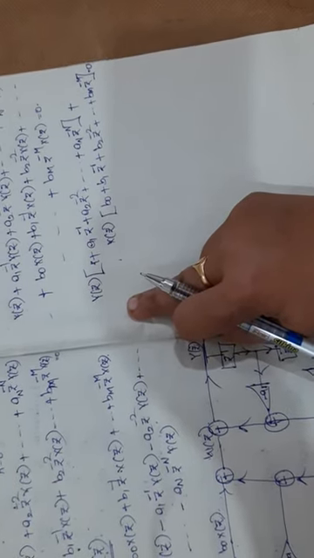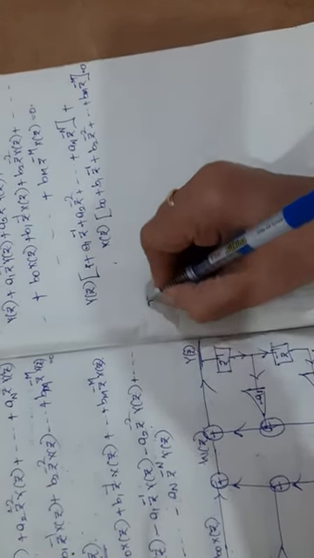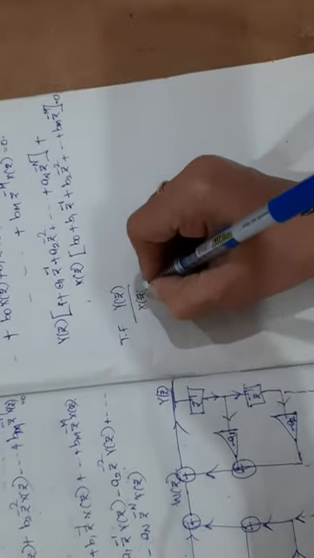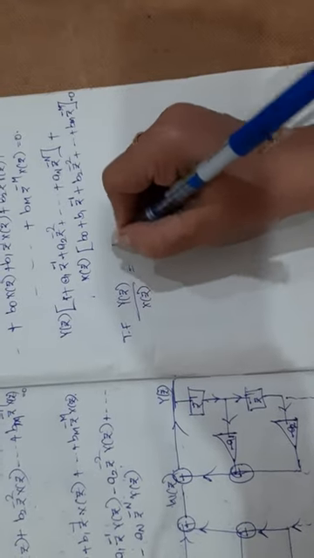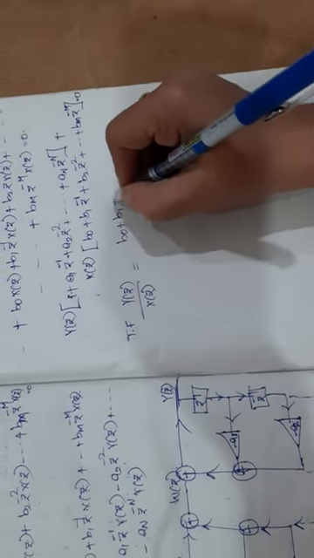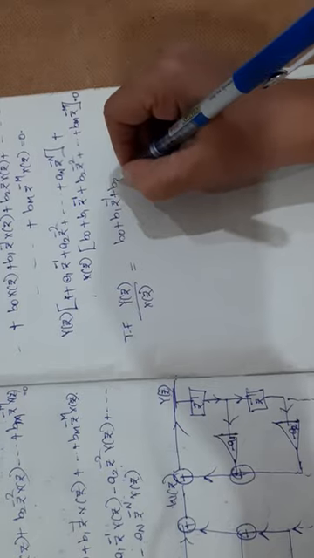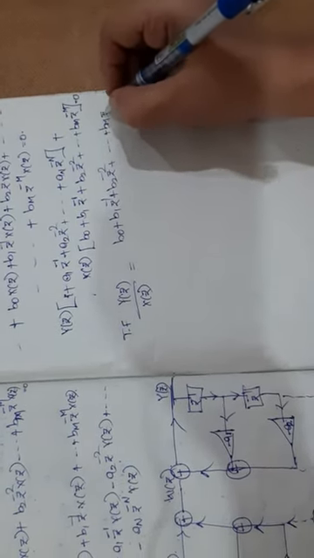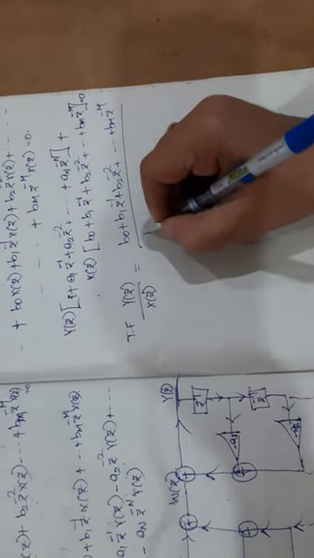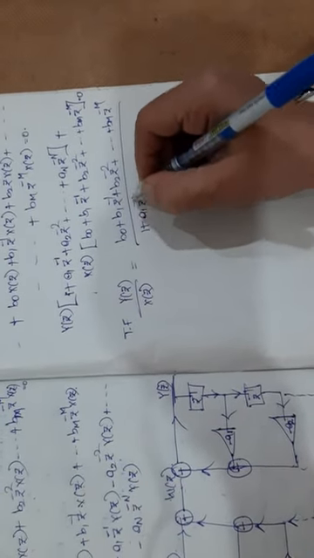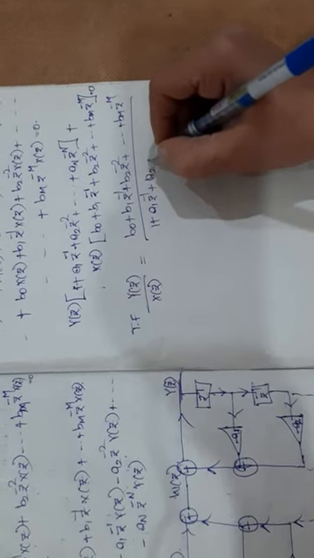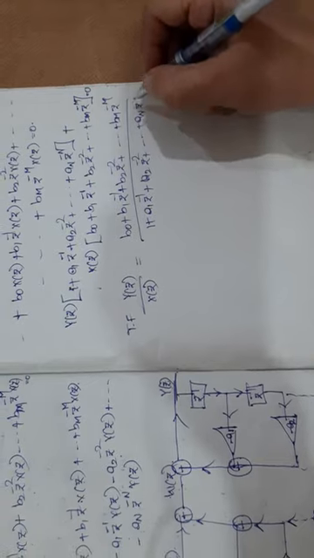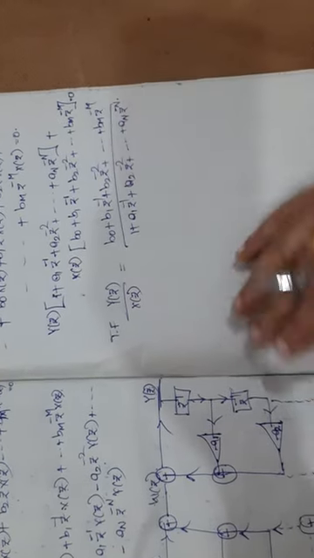so here the transfer function Y(z)/X(z) is equal to (b0 + b1 z^-1 + b2 z^-2 + ... + bm z^-m) divided by (1 + a1 z^-1 + a2 z^-2 + ... + an z^-n).